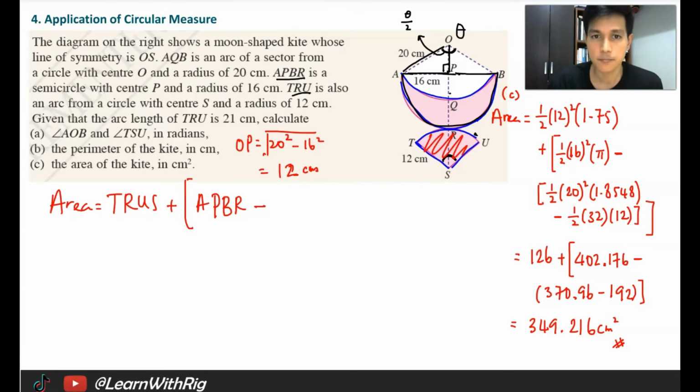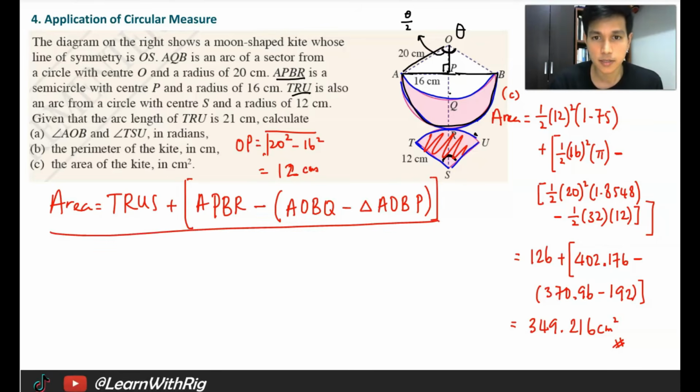So how to find the segment? The segment is, you have to first find the sector minus the triangle up here. Okay, so the sector is AOBQ minus the triangle AOBP, okay.